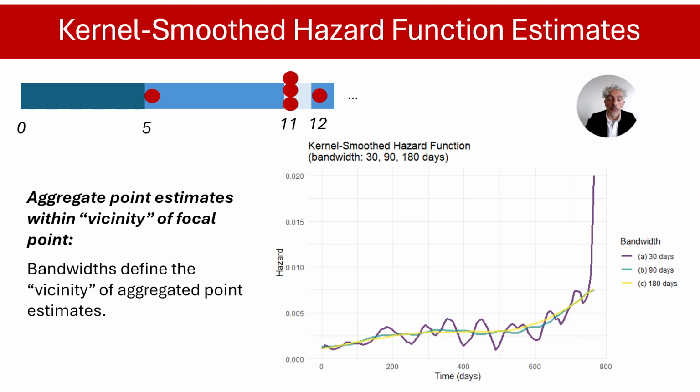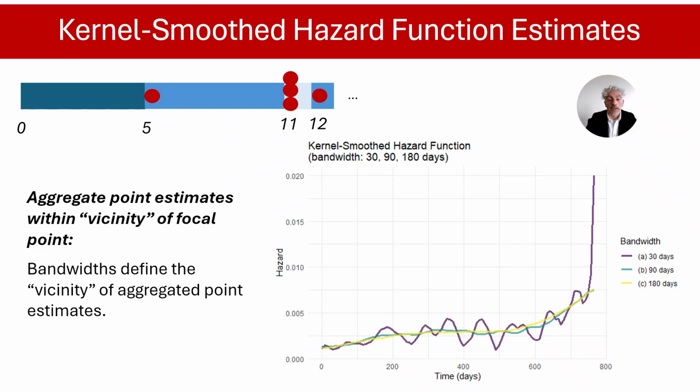The first bandwidth is 30 days. So for example, if we take a focal point of 35 days, the estimates are aggregating all point estimates of risk of death between 5 and 70 days in order to create this smoothed estimate. The other 2 bandwidths here are 90 days and 180 days.